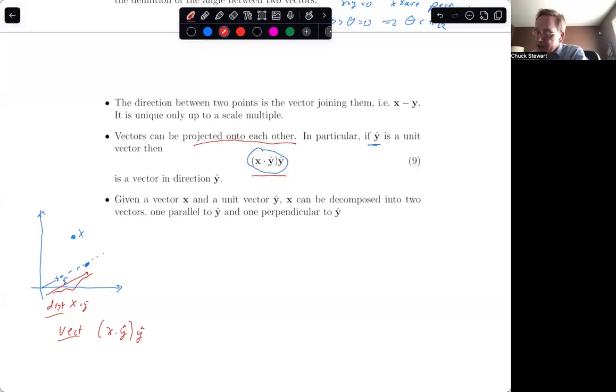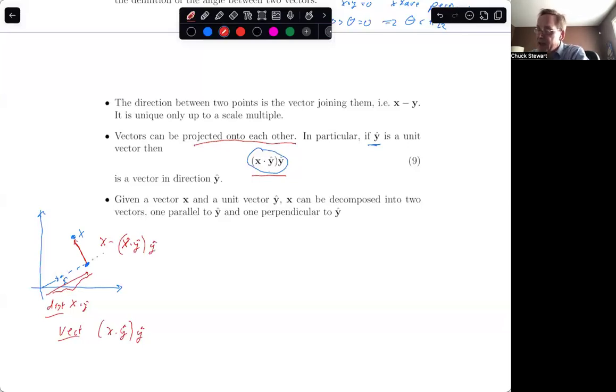This vector here is x minus x dot y hat times y hat.